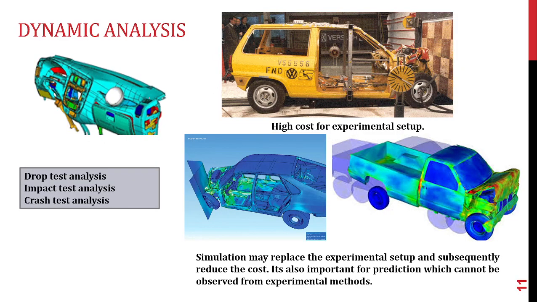People are doing dynamic crash tests, where they put a dummy, the head hits the dashboard. Will there be any problem? Otherwise, you need to set up the real thing, the whole car crash.